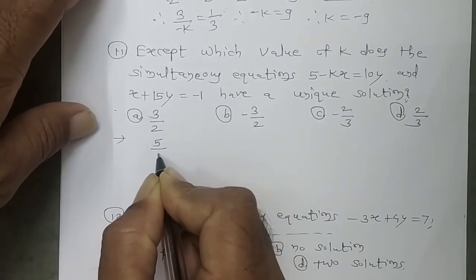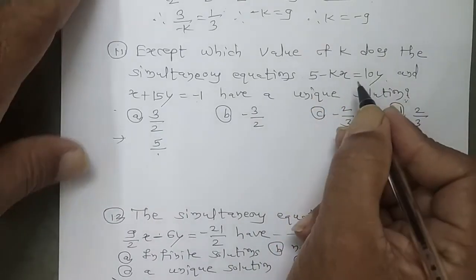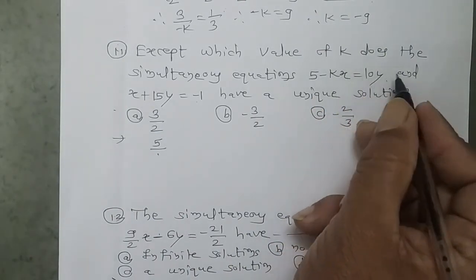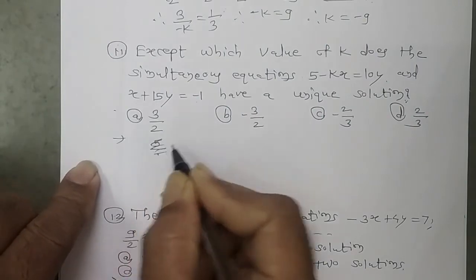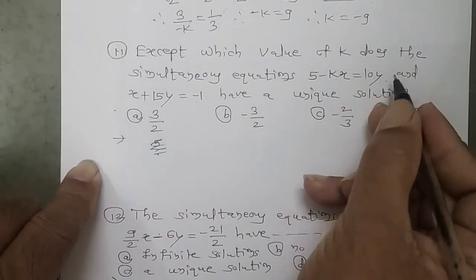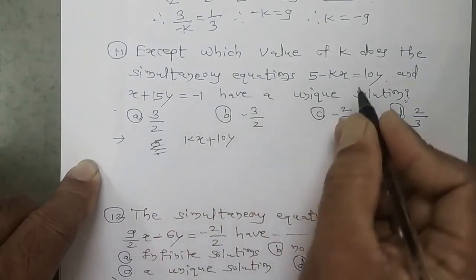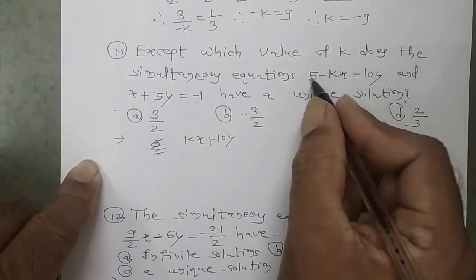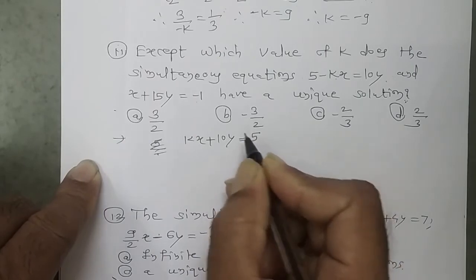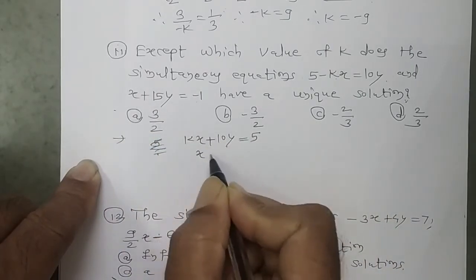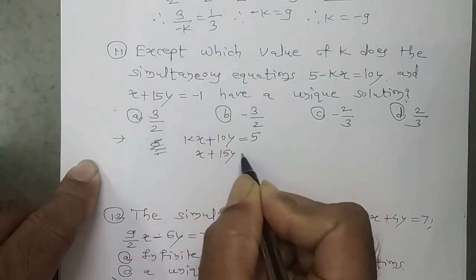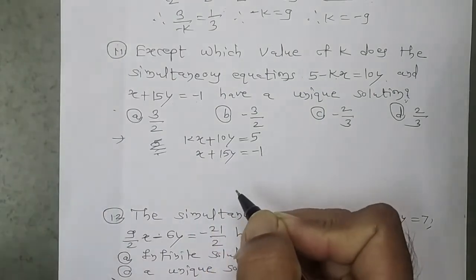Sorry, first write this in the form ax plus by is equal to c. That is, minus becomes plus: kx plus 10y is equal to 5. And here x plus 15y is equal to minus 1.